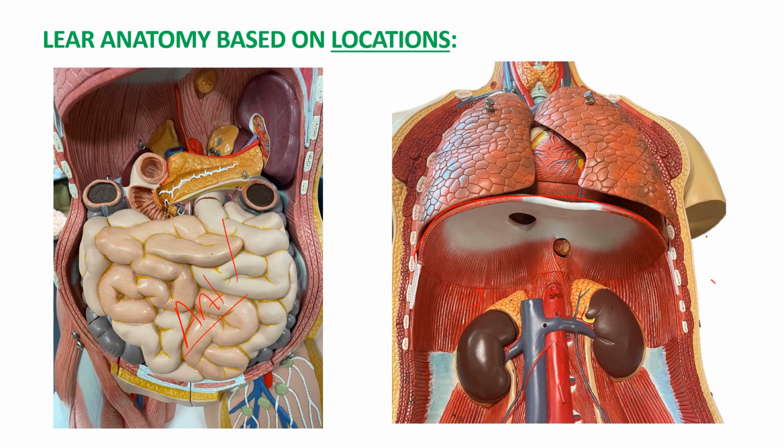See that the kidneys are way deep. In order to see the entire kidneys, you need to remove essentially the entire intestine, pretty much everything. And then you're going to be able to see the kidneys with the adrenal glands, with the ureters, and the aorta, vena cava.